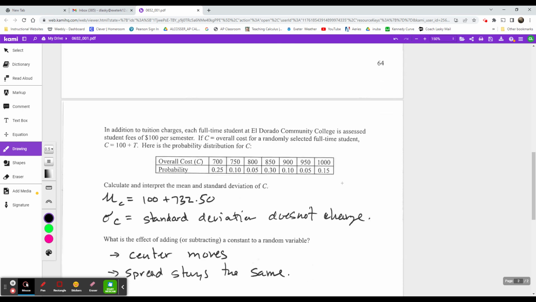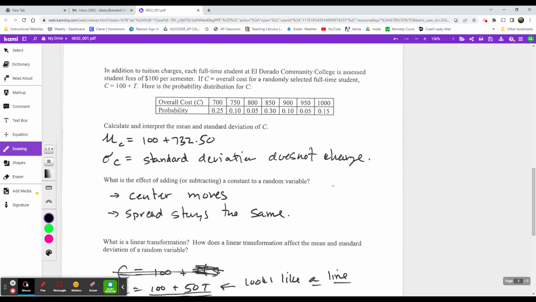So then from there, what if we add a $100 flat fee assessment? Well, you don't have to put this all back in there. Just remember now that we're adding $100, so it's going to shift the mean to the right $100. So this is going to be $832.50. I can't write on this right now.